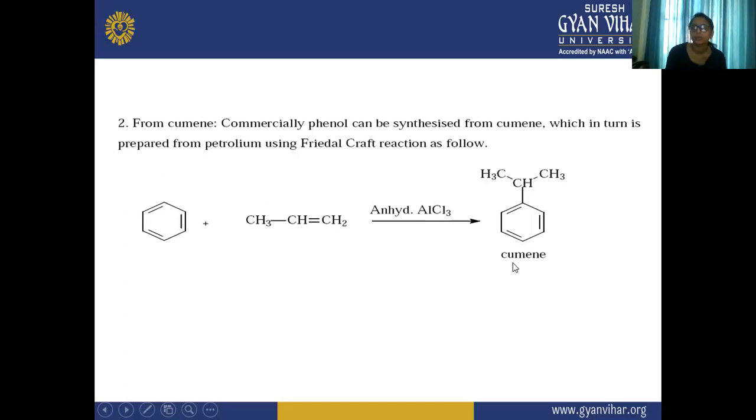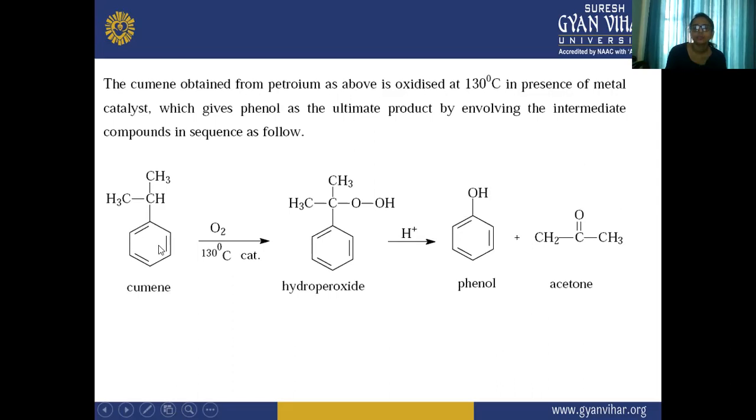Here cumene is obtained, and after that this cumene is oxidized at 130 degrees centigrade. With the help of a catalyst, we get the hydroperoxide, and then the hydroperoxide is acid catalyzed, and we form phenol plus acetone.